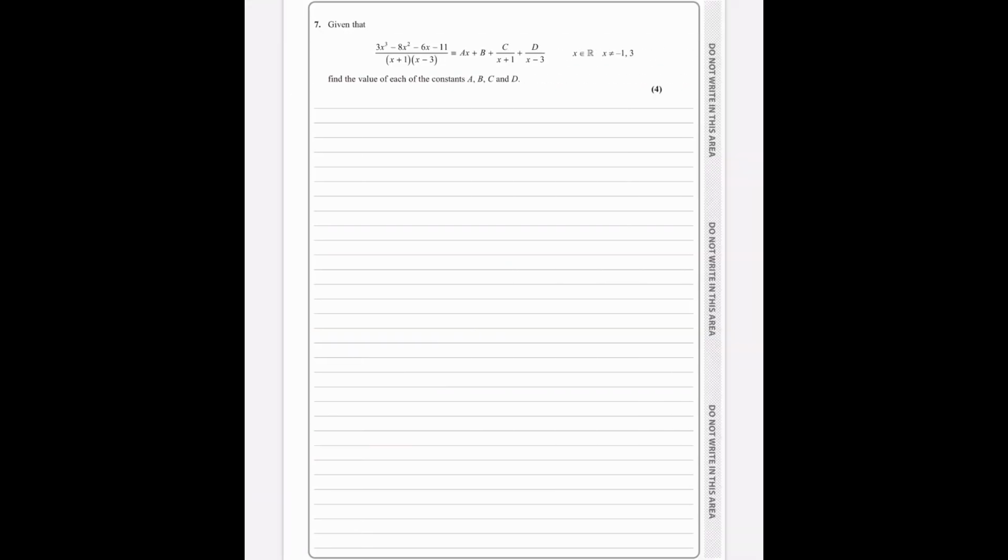Question 7 is the massive partial fractions question. So as with all partial fractions, I'm going to start by multiplying both sides by the denominator, x plus 1 times x minus 3. So we're left with the numerator on the left-hand side, then it's going to be ax times by x plus 1, x minus 3.